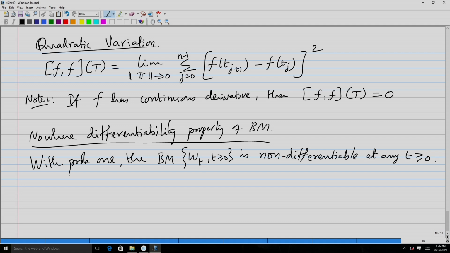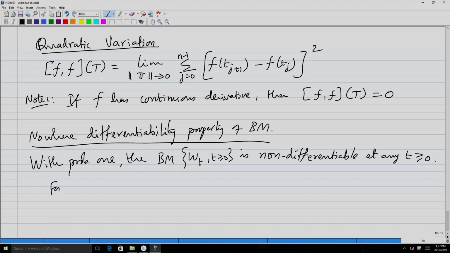So, all those sharp points, as you know, for example mod x at 0 is non-differentiable, right, because it has a sharp edge. In a similar way, these paths all have sharp edges. The path is full of sharp edges, which means at no point of time will you be able to differentiate.